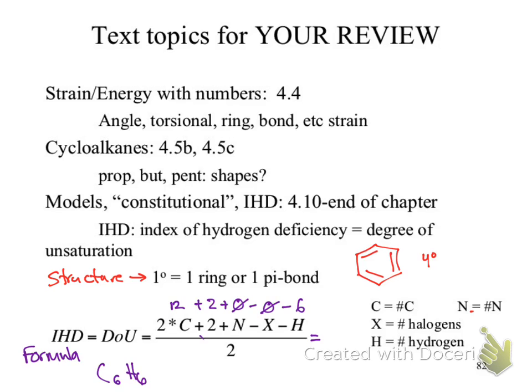7. Seriously? That doesn't make any sense. 12 plus 2 is 14. Minus 6 is 8 divided by 2 equals 4, like I said. But not to belabor the point too much, 1, 2, 3, 4, 5, 6 carbons.